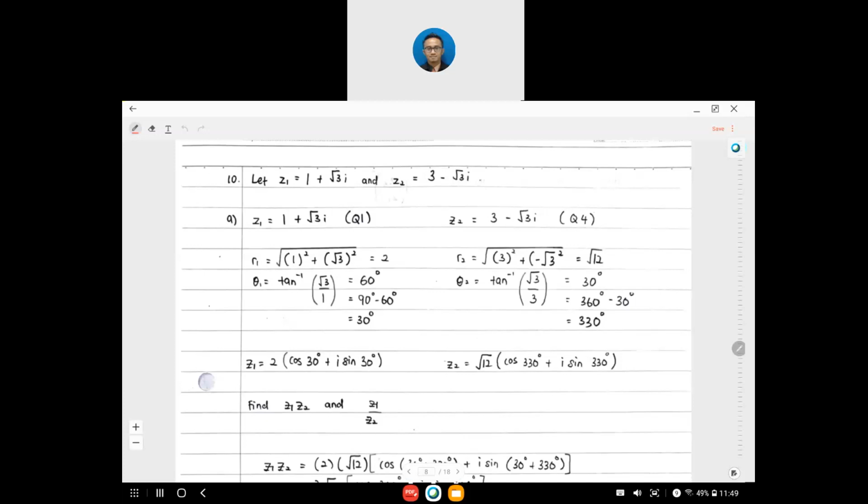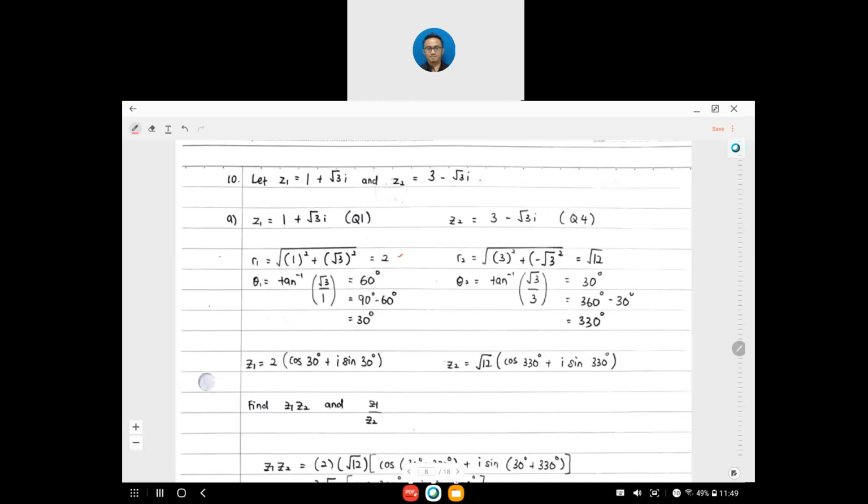Dia nak dalam polar form. So you need to change to polar form first. So this one, R1 equal to square root of 1 square plus square root 3 square. So this one you can get square root of 4 equal to 2. Okay, theta equal to tangent inverse, 60 degree.